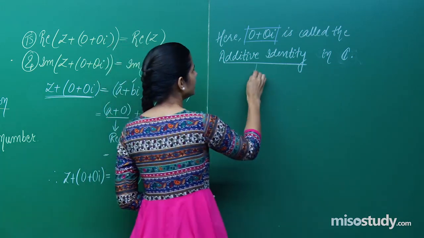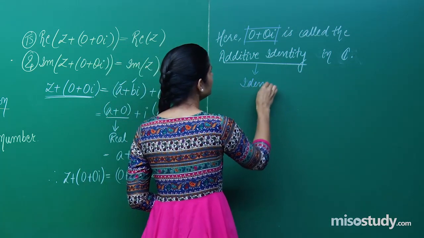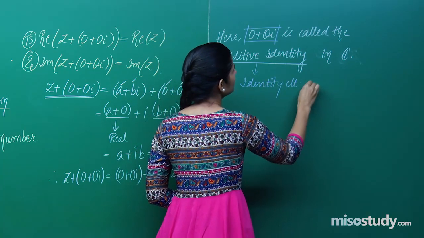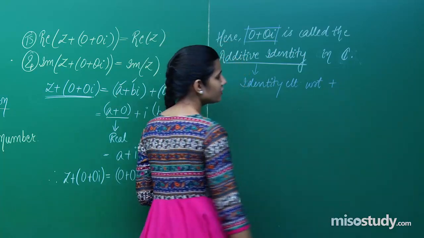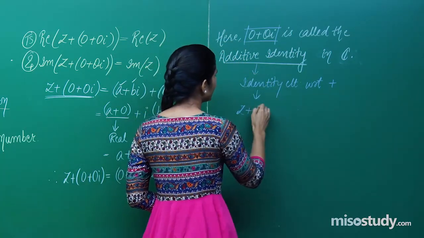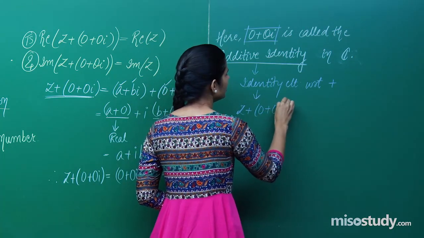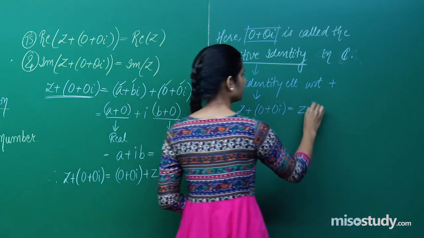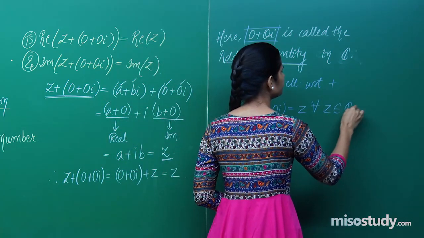That means it is the identity element with respect to addition operation in complex numbers. That means when any complex number is added with it, this does not change the identity of that complex number. Any complex number. Is it clear?